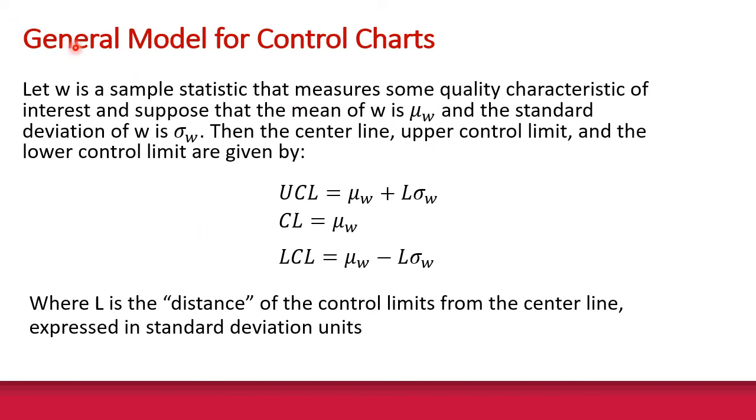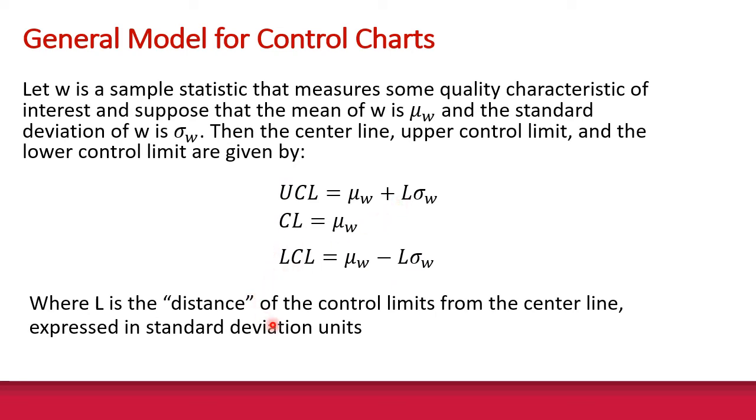So what's the general model for control charts? Let W be the sample statistic that measures some quality characteristic of interest, and suppose the mean of W is mu W. W here could be the weight, the length, whatever we want. And the standard deviation of W is sigma W. Then the center line, upper control limit, and lower control limit are plotted as shown here.